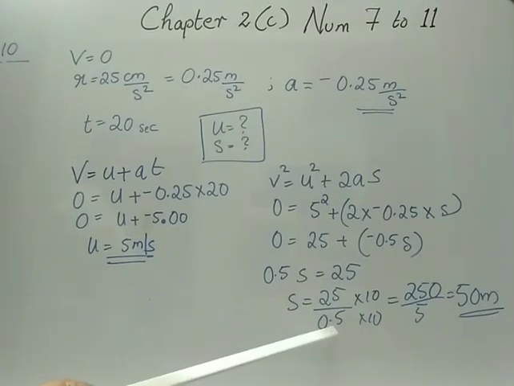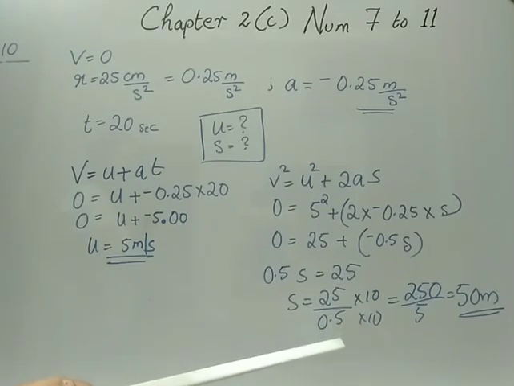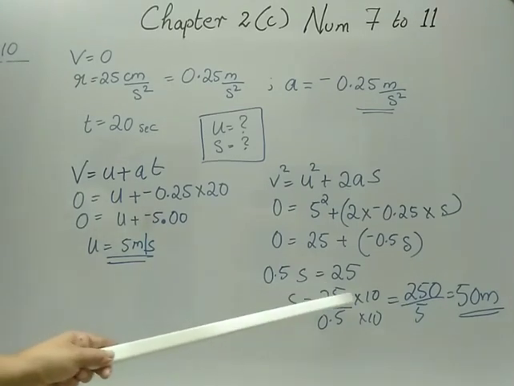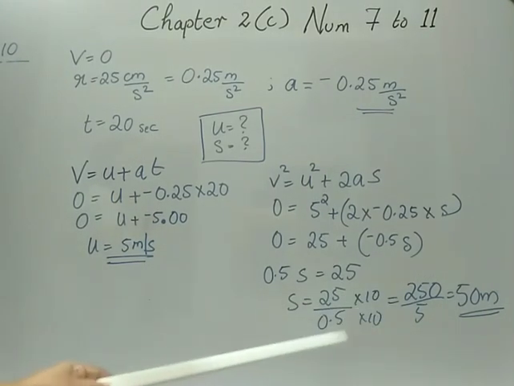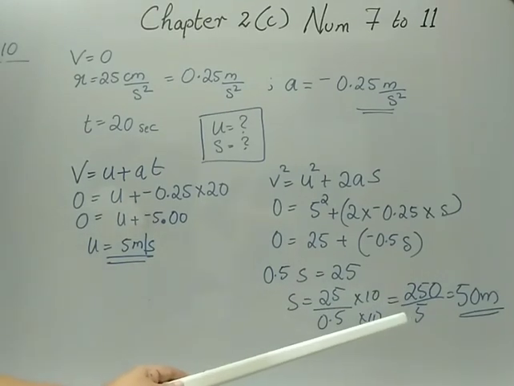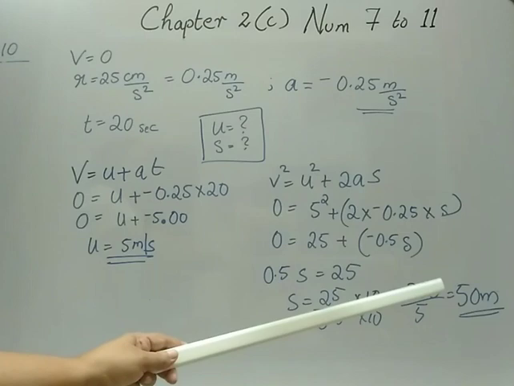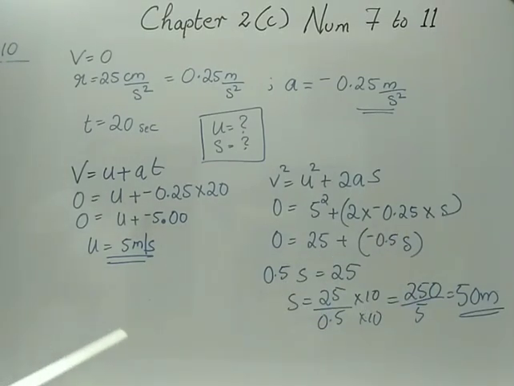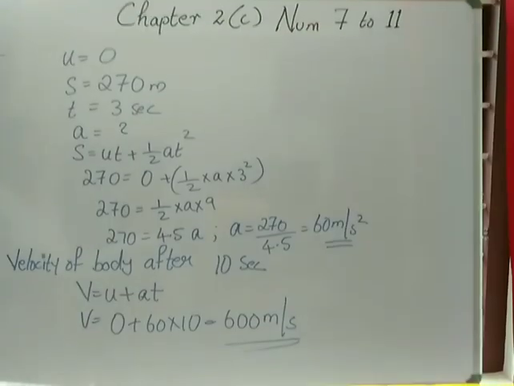To change the decimal, there is only one decimal here, so multiply both numerator and denominator by 10. So 25 into 10 by 0.5 into 10. 25 into 10 is 250, 0.5 into 10 is 5. So finally we got 250 divided by 5, that is 50 meter. So the distance traveled by the bus is 50 meter.